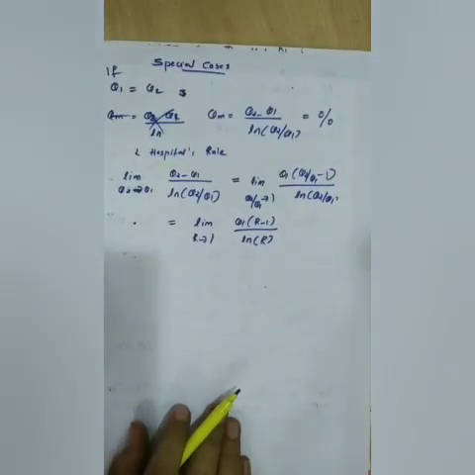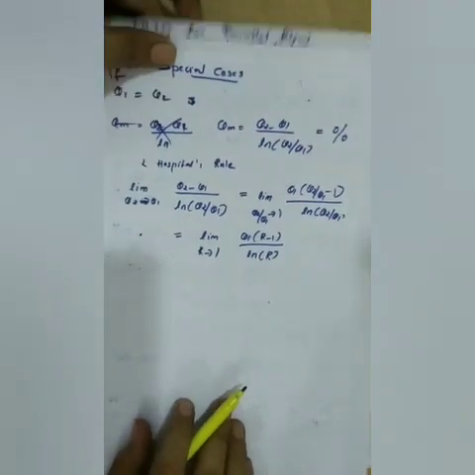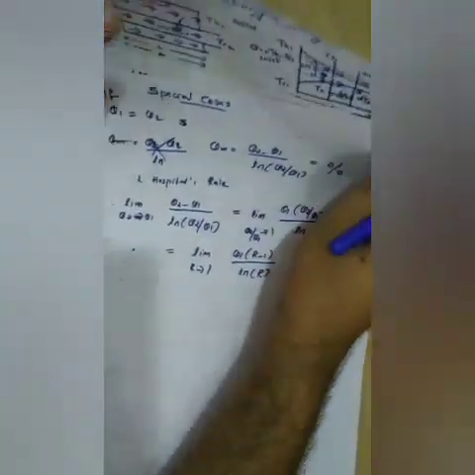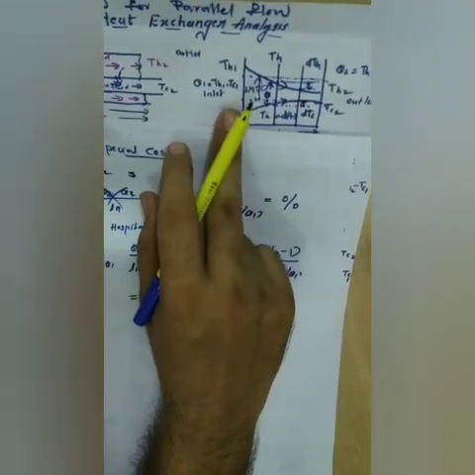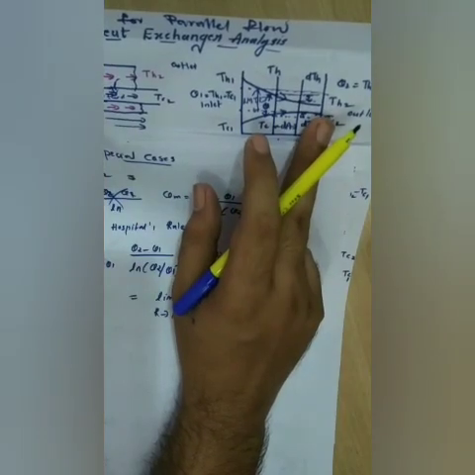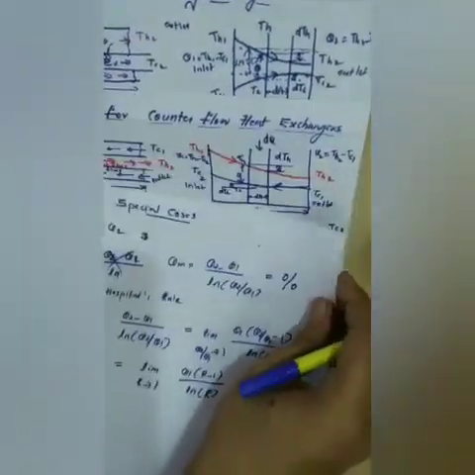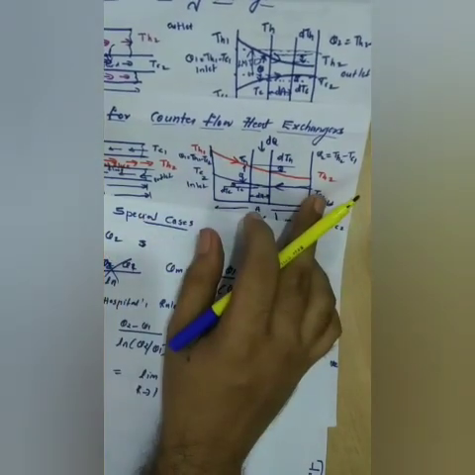Okay, now we are going to discuss some special cases. If you analyze the temperature profile of parallel flow heat exchanger, you can see the temperature difference is represented as theta 1 here, and here is theta 2. And if you take the case of counterflow heat exchanger, this is theta 1 and this is theta 2.